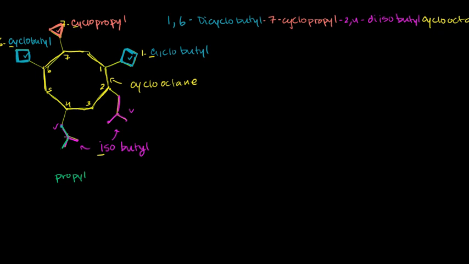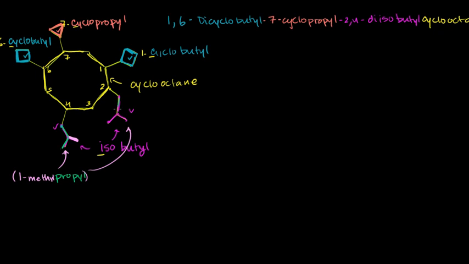And then on the second carbon that we are attached to, you have a methyl group. So this is 1-methyl propyl. That's what each of these is. Another way to think about it, an isobutyl is the same thing as a 1-methyl propyl.